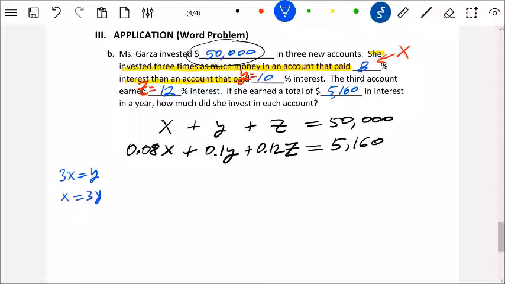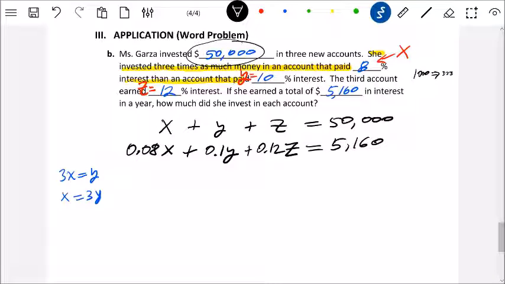Okay, so let's think about it this way. If the amount in the 8% account is $1,000, how much is going to be in the other one? 3 times as much money in the account. That means if it's 1,000 in that, it would have been $333.33 in the other one.